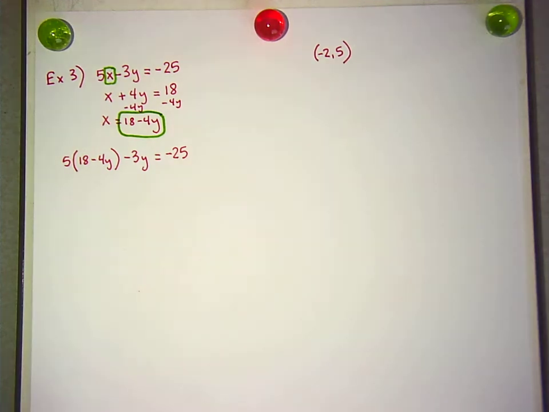Okay. So you got -3, -20, and -3 is -23. Remember, you can always add plus a negative to make it really obvious, okay?